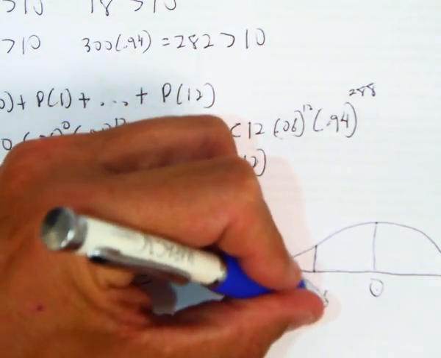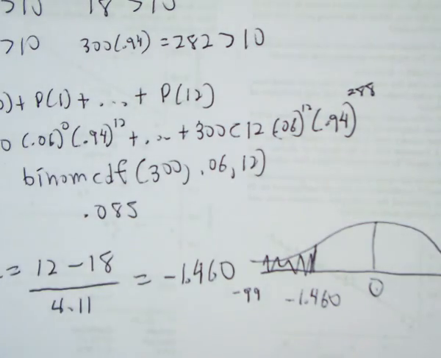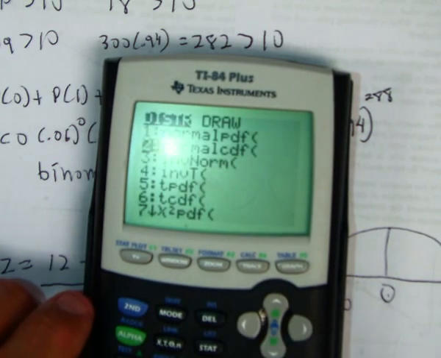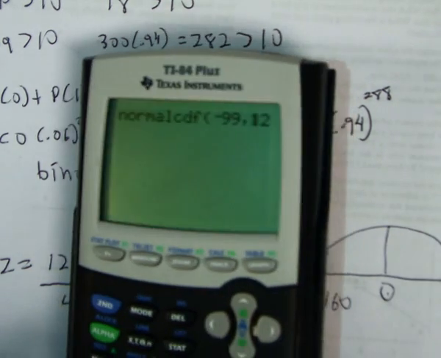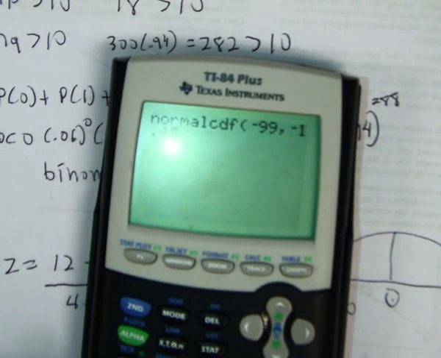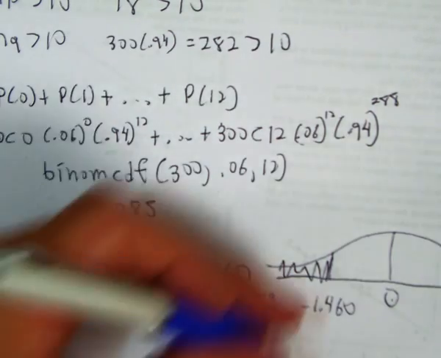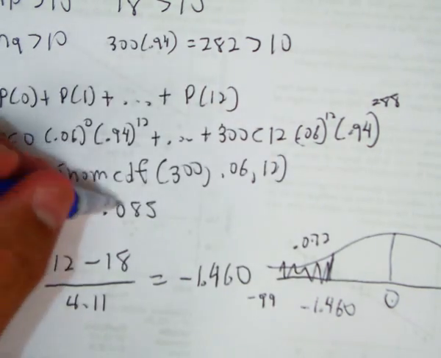Z-score of negative 1.460, shade to the left, negative 99. So this is going to be normalcdf, negative 99 to negative 1.460. And it comes out to like 0.072. Yeah, this is an approximation. This is the exact answer.